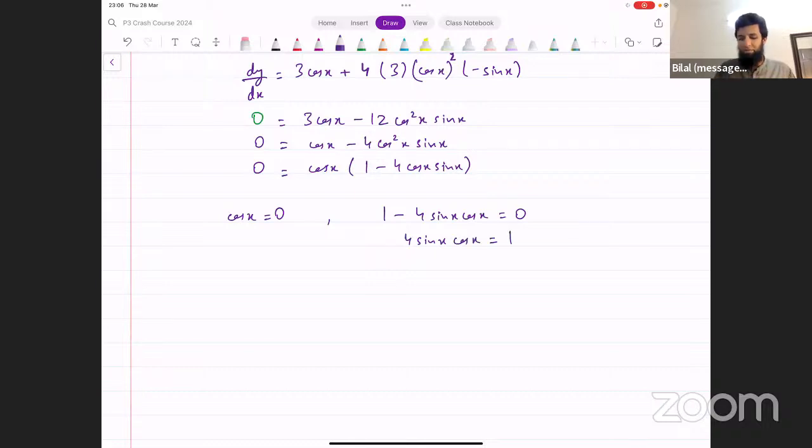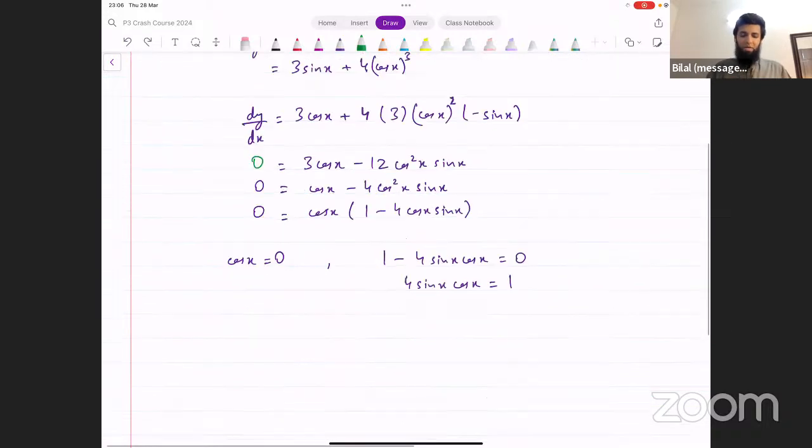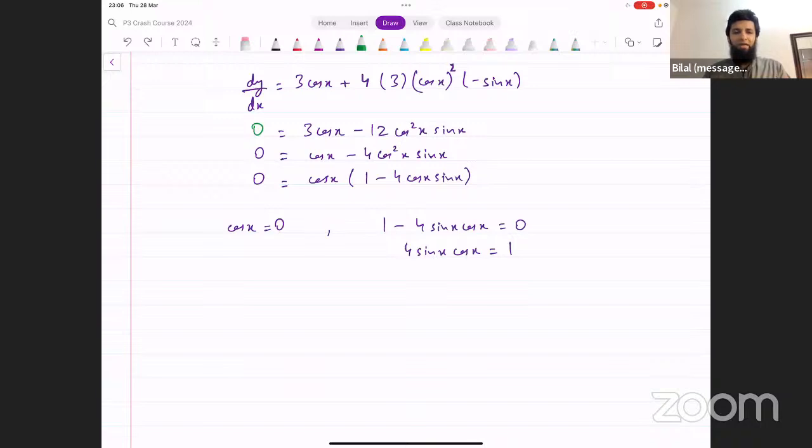Now we'll come back to this in a moment. Let's look at the first one, which is pretty straightforward. Cos of x equals 0. What's the interval that we're given? The interval is from 0 to pi. Now you can just think of the graph. When is cos 0 in this interval? The cos graph starts from 1 and then it goes to 0 when it's pi over 2, and then it goes to minus 1.